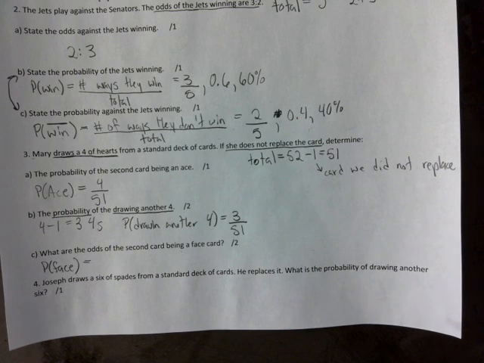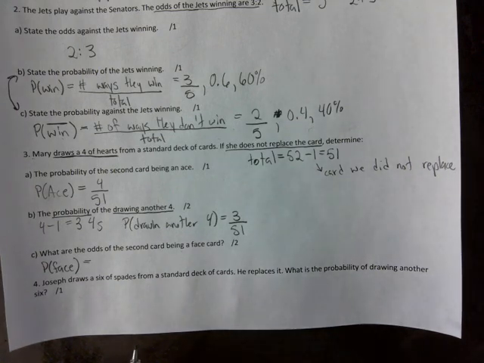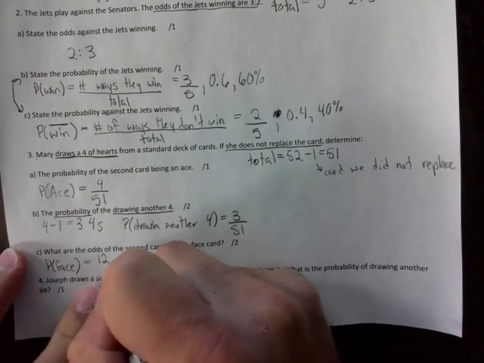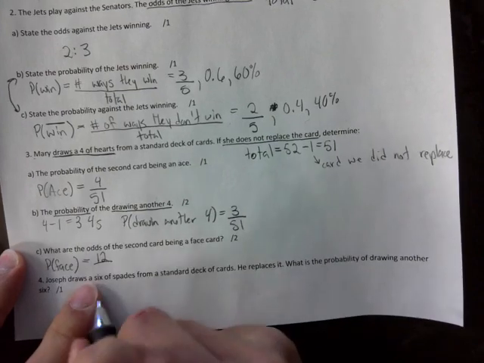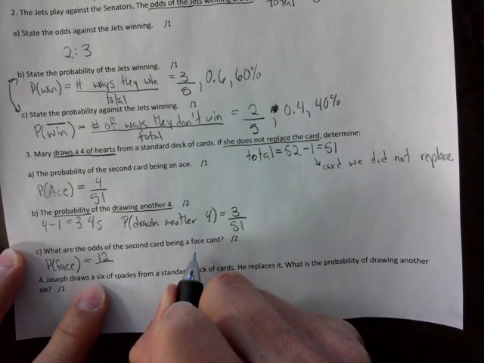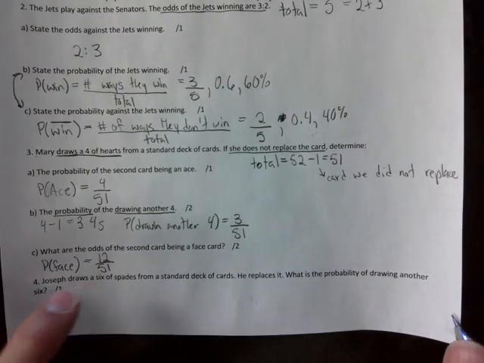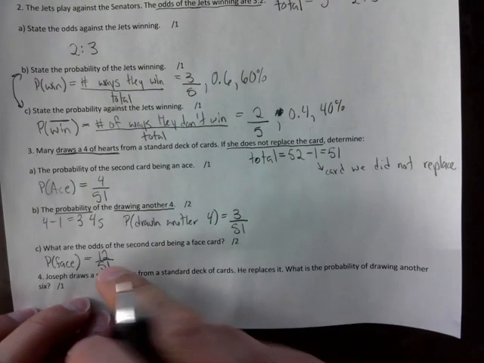We have Jack, Queen, King, and there's 4 suits. So there's 12 face cards, and there's still 51 for total.